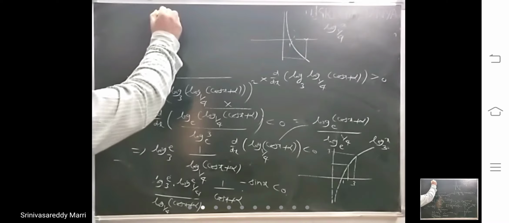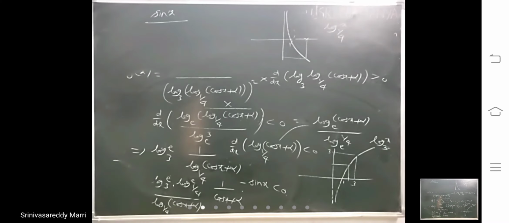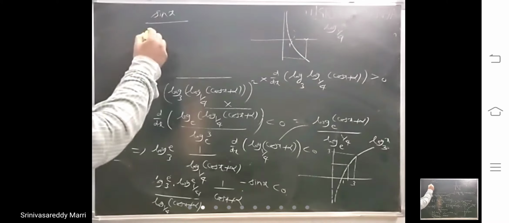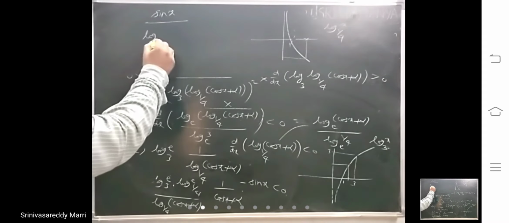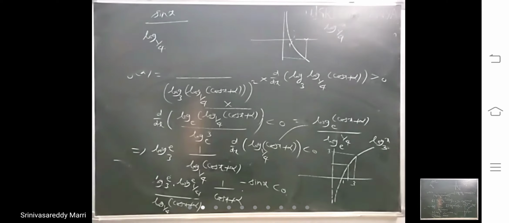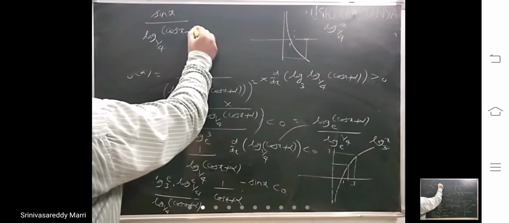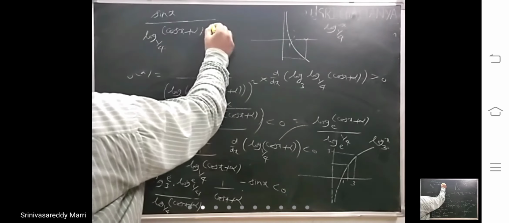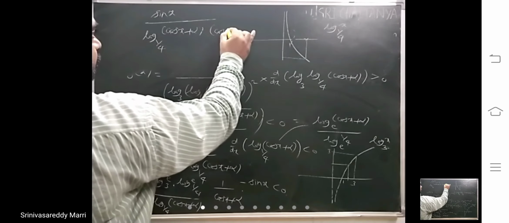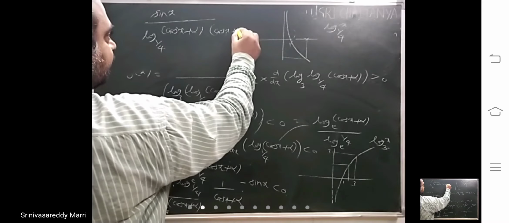That means sin x divided by log 1 by 4 of cos x plus alpha, into cos x plus alpha.